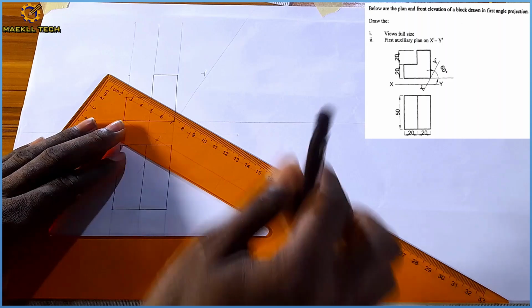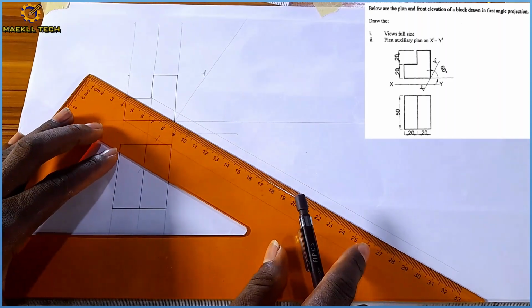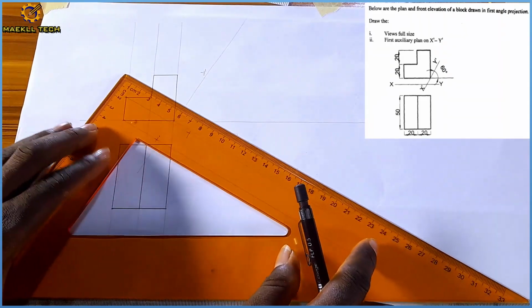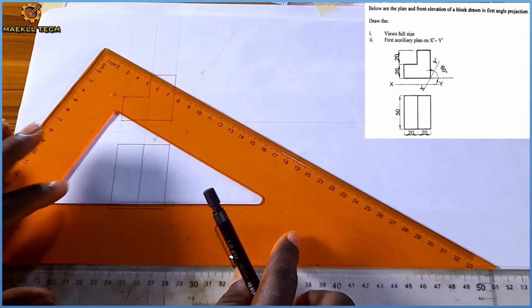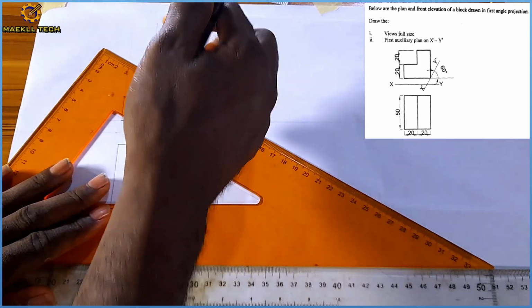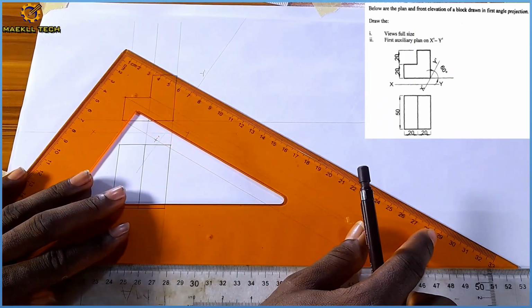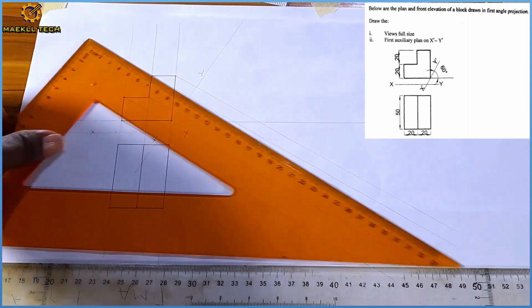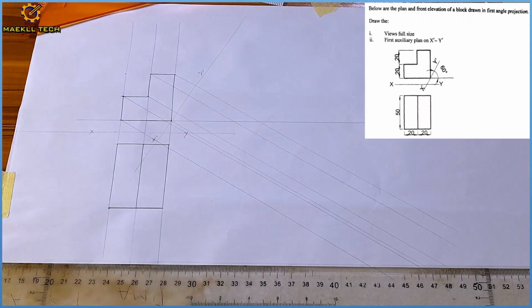So I've projected all the points I have on my elevation. I've projected all the points.